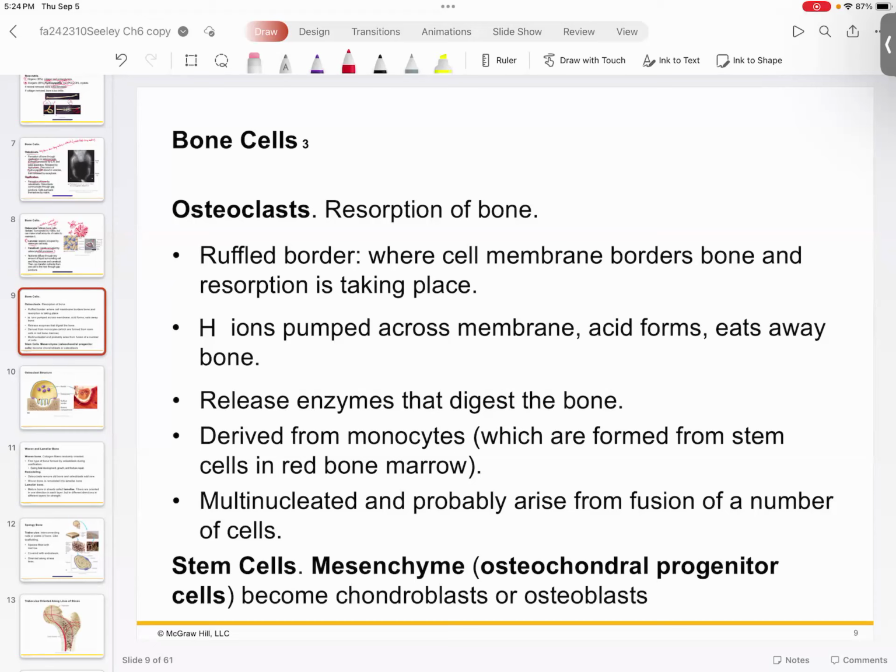They take bony matrix and break that bone down, releasing the components of the bone structure into the bloodstream. Resorption of bone means to break it down and release it into the bloodstream.